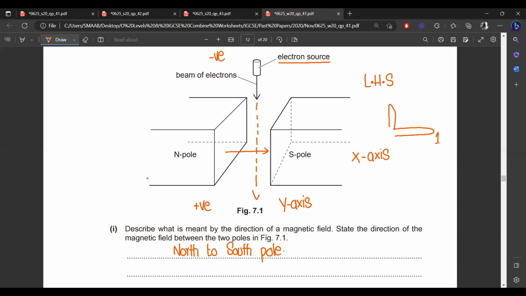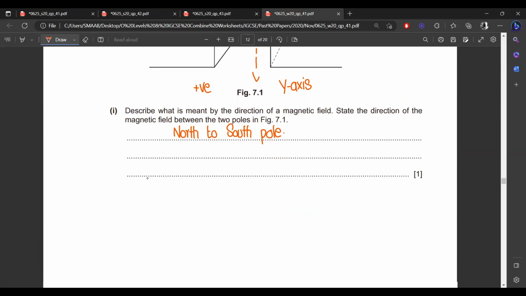Right, sir. So now you will get the direction of force. So force is acting into the page, right? Any conclusion? No. So they are asking question for 3 marks.